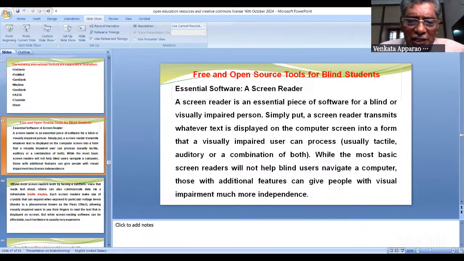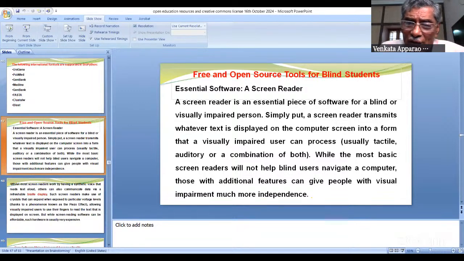Simply put, a screen reader can transmit whatever text is displayed on the computer screen into a format that a visually impaired user can process, either in auditory form, that means it will produce speech, the text is converted into speech so that the blind student can listen to it, or into braille script, so that the student can operate the computer very comfortably.